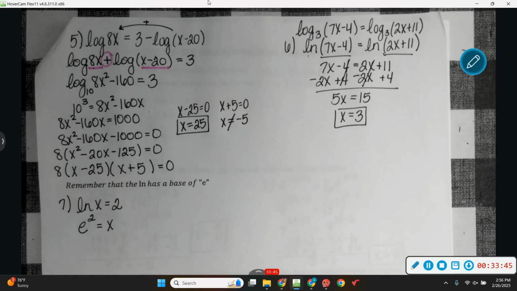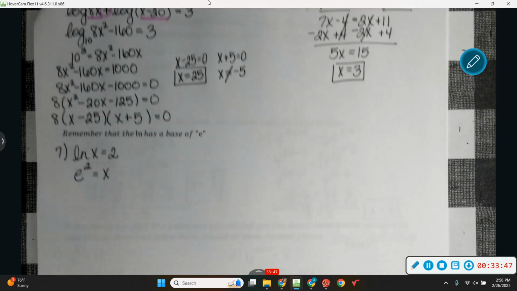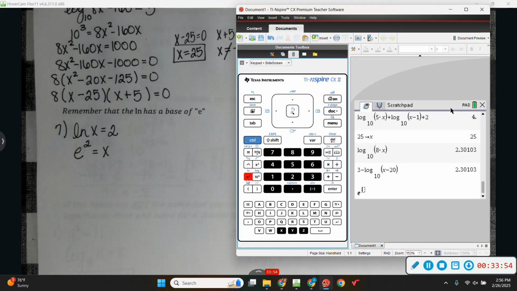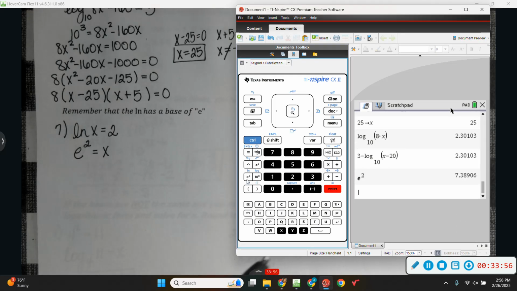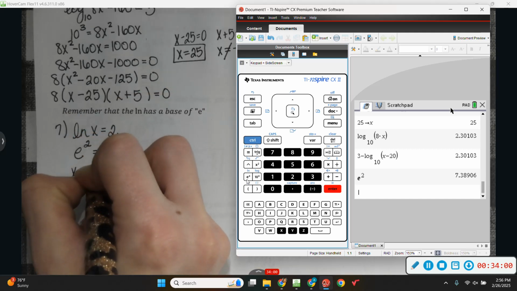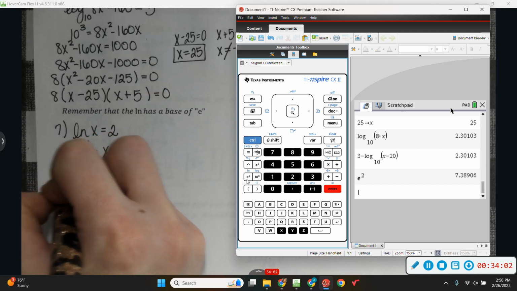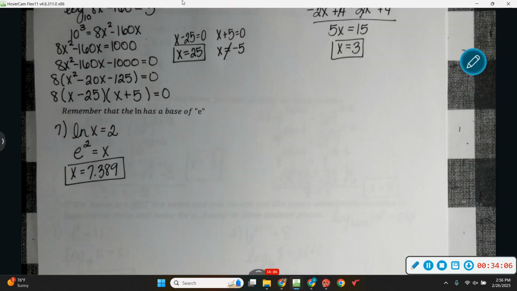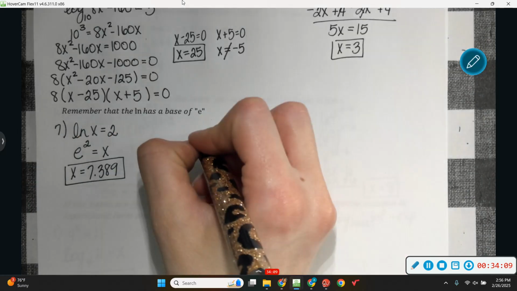If I start in exponential, I rewrite it in logarithmic form. So here, e squared, I just type in my calculator, e squared gives me 7.389. You would still plug that in and check, but I am good.